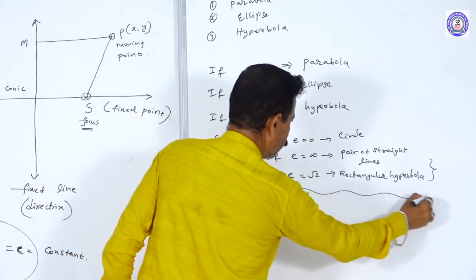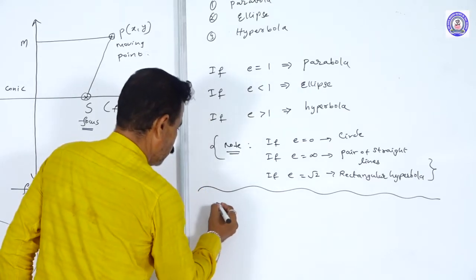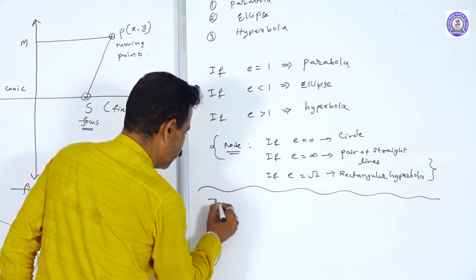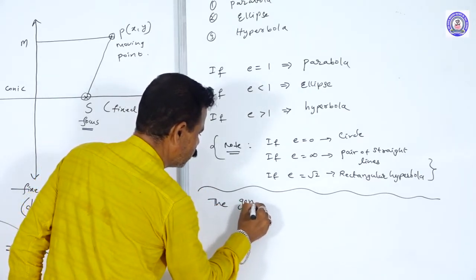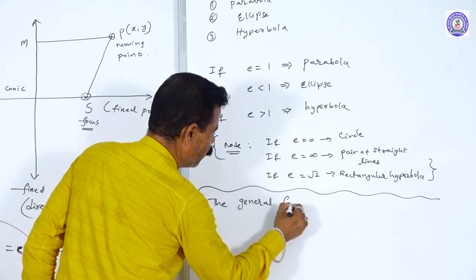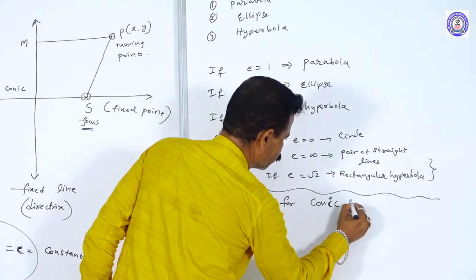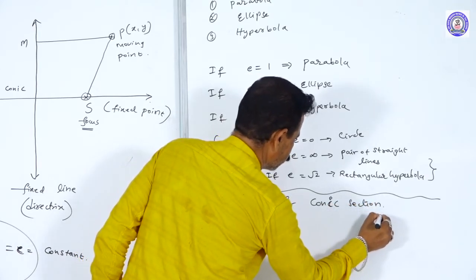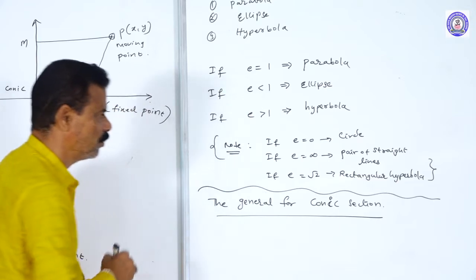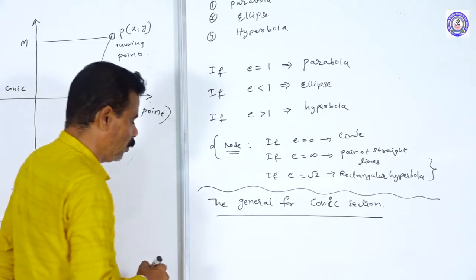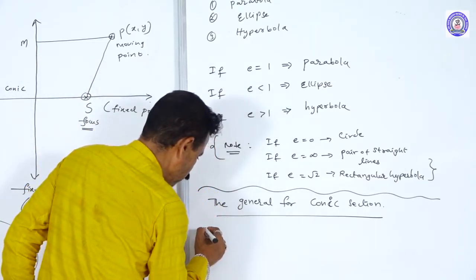The general equation for a conic section. Proof.